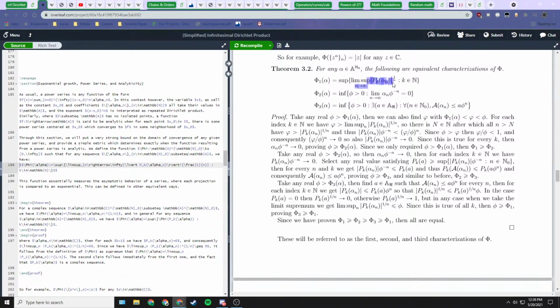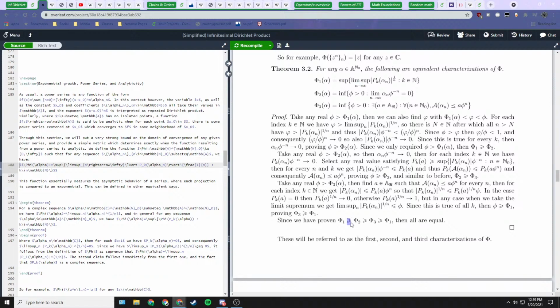So the first one is saying, what's this root test? The second one is saying, how can we make this go to 0 by multiplying it by some real geometric thing? And the third one is saying, how can we bound this by some real geometric thing with some coefficient? And the conclusion that we build up to is we're going to show that phi 1, the first characterization, is greater than or equal to phi 2, the second characterization, and phi 2 is greater than or equal to phi 3, the third characterization, and then we're going to prove that phi 3 is greater than or equal to phi 1, the first characterization again.